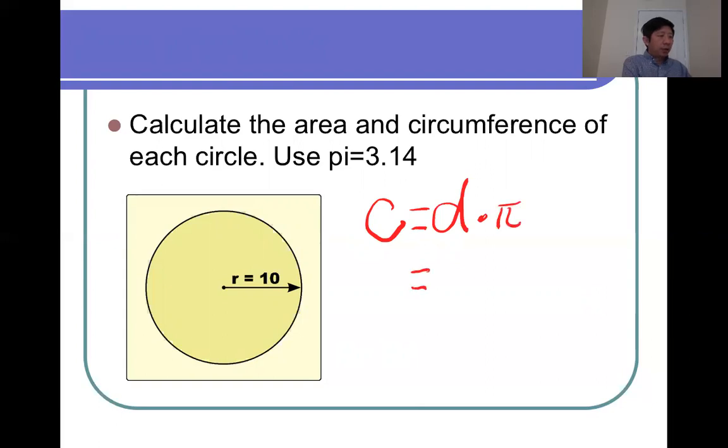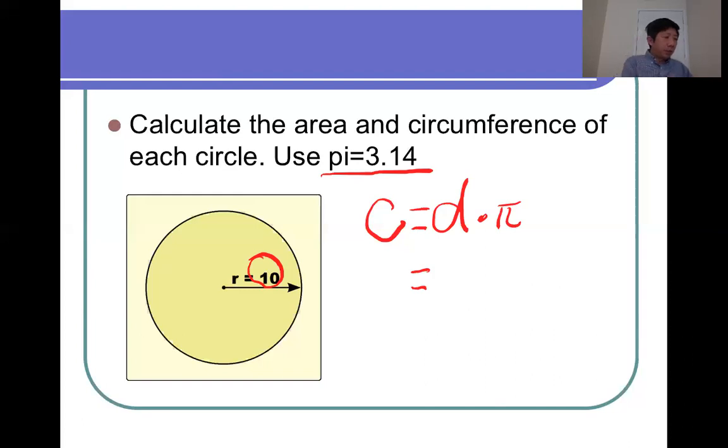So, let's say we use pi as 3.14, and in this problem the radius is 10. Now what is the diameter? This is a radius, right?